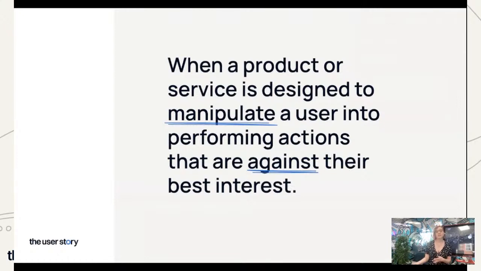I read a lot of different definitions of deceptive patterns, but this is how I would sum it up. A deceptive pattern is when a product or service has been designed to manipulate a user into performing actions that are against their best interest. Some of the definitions that I looked at included the phrase purposely designed.